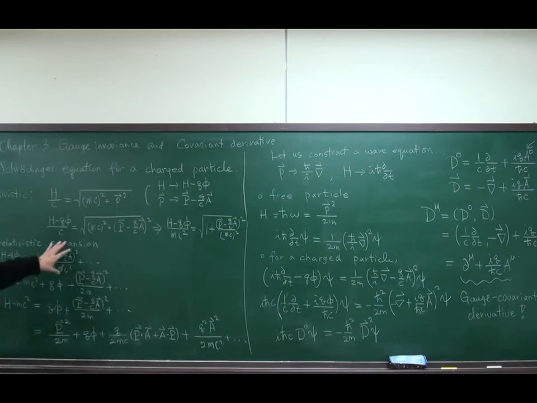Let us just consider the leading term. And then multiply by mc squared and move this electrostatic potential to the right-hand side. The Hamiltonian is a sum of the rest energy and the electrostatic potential plus something.